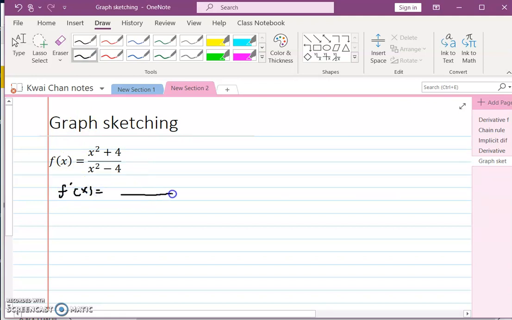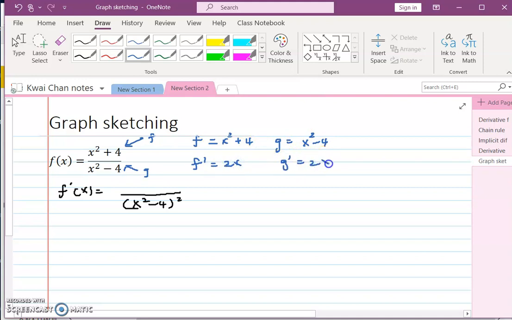Still remember the quotient rule, with f and g. Here f is x squared plus 4, g is x squared minus 4. f prime is 2x, and g prime is also 2x.